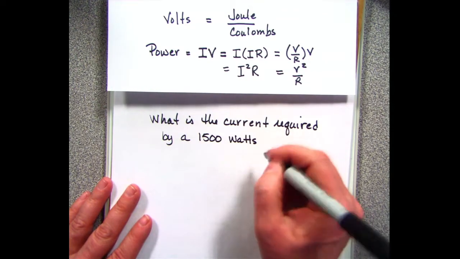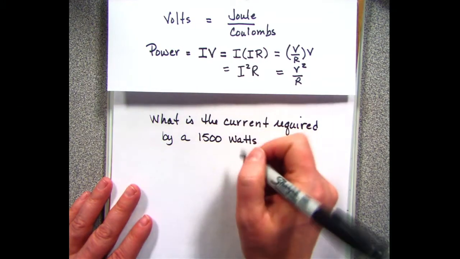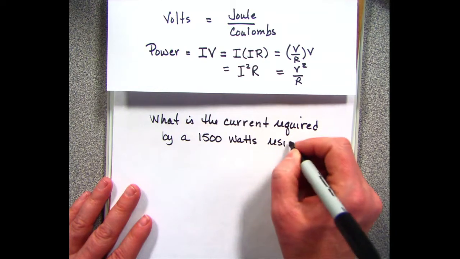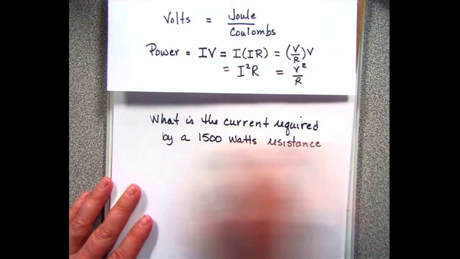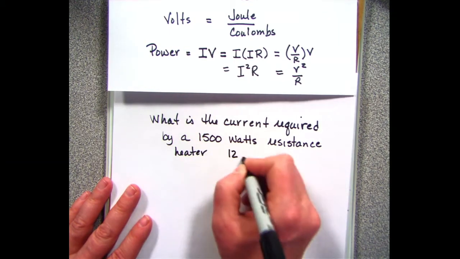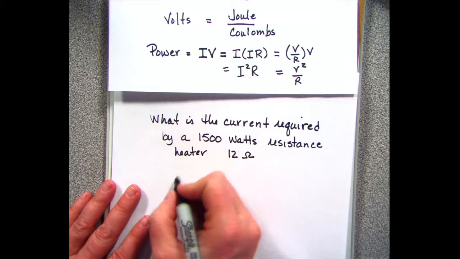We're going to say it's 12 ohms. I want to know the current that's required, because if I go in my house, my breakers are usually set at 15 amps. That's a standard breaker.